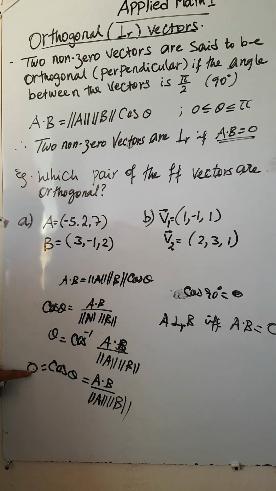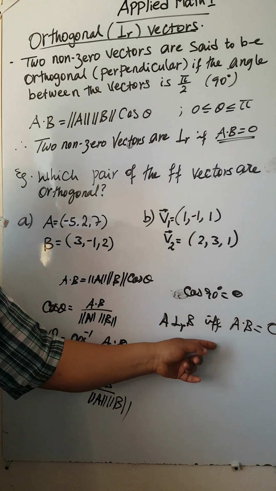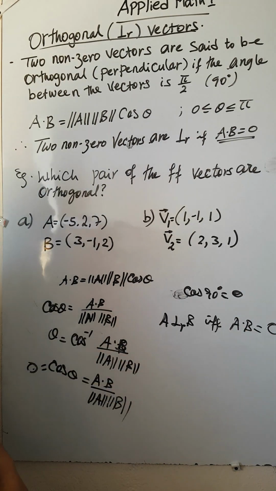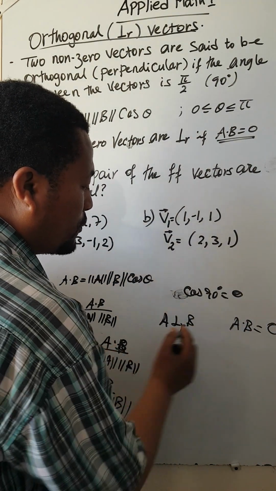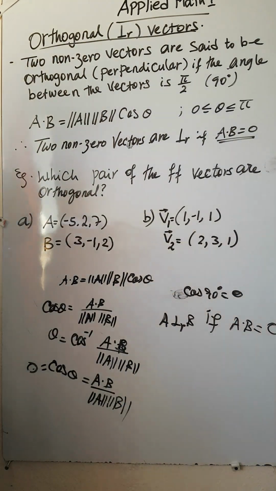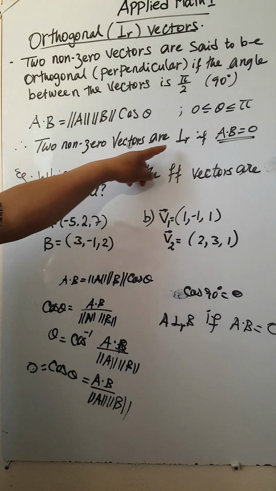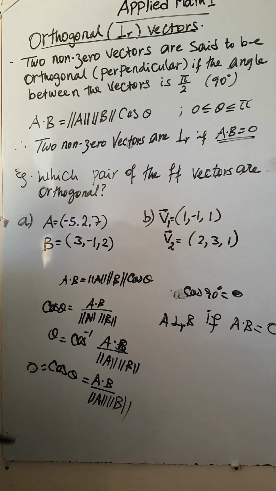ምክንያቱም ይሄን ወደዚህ እንወስዳለን በዜሮ እናባዛለን then a dot b is 0. ሁለት ቬክተሮች perpendicular ናቸው or orthogonal ናቸው የምንለው መቼ ነው? If and only if a dot b is equal to 0. Look, two vectors are perpendicular if a dot b is equal to 0.